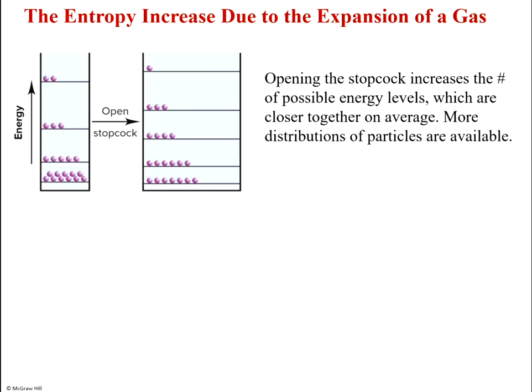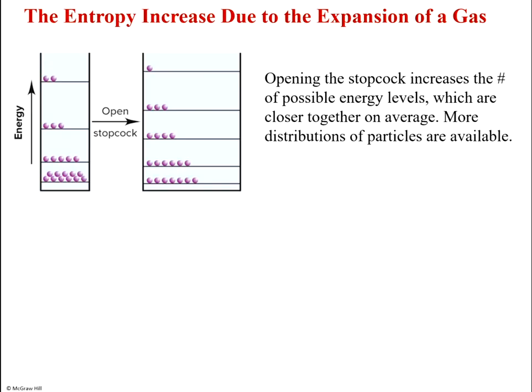On the left-hand side, we have a series of microstates that are available. When we open up the stopcock, it turns out that we have more microstates available. So in a given energy range, you can see that we have more states available on the right-hand side. Therefore, we have more ways the system can exist.